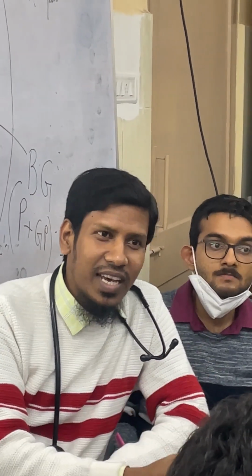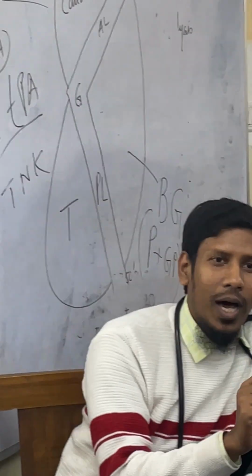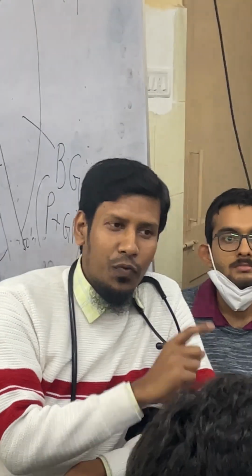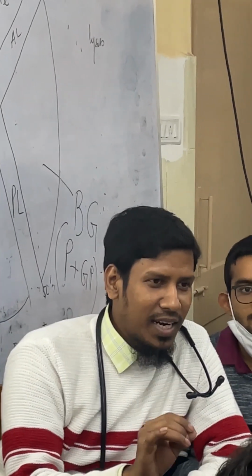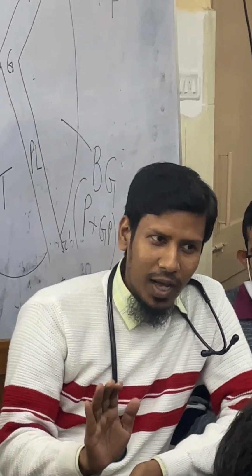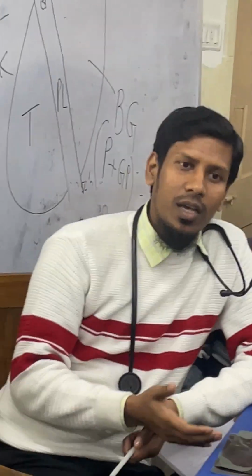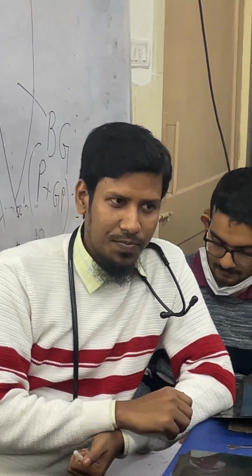Or a pulling lesion, fibrosis, collapse. So from the airway, we can diagnose whether the patient has a pushing lesion, that means pleural effusion present or not. And next one is the pulling, that is whether fibrosis or collapse is present or not.